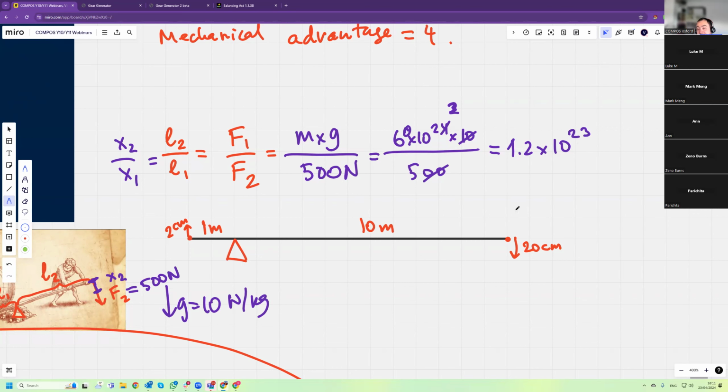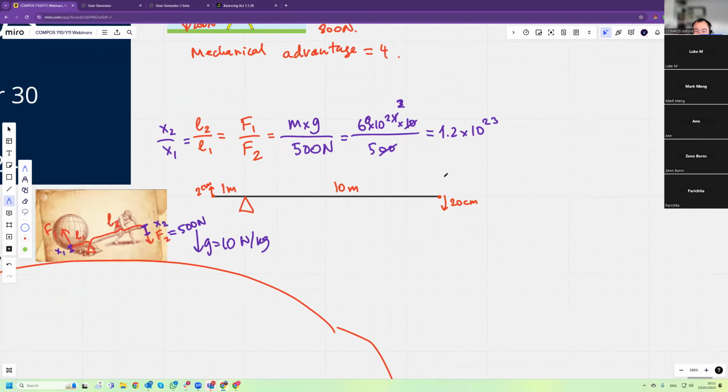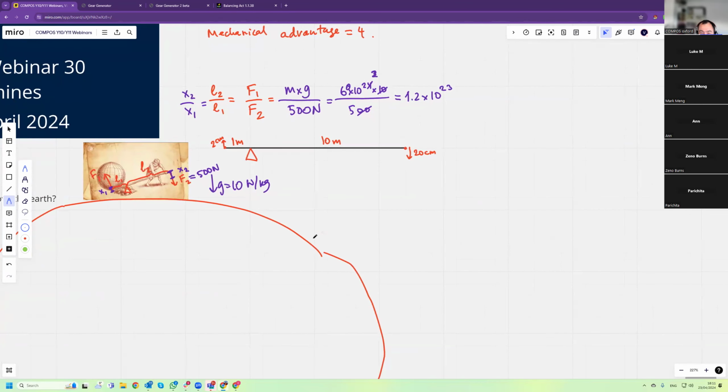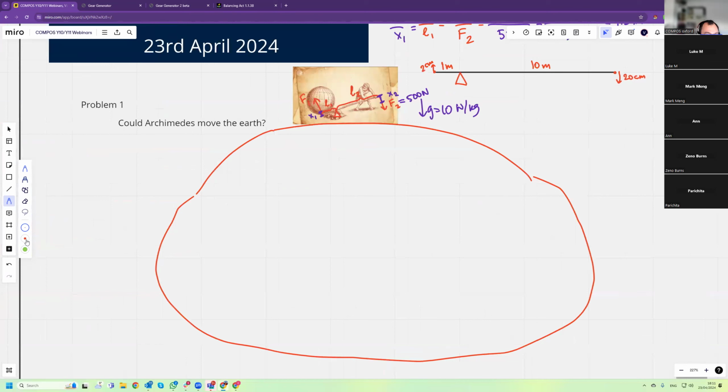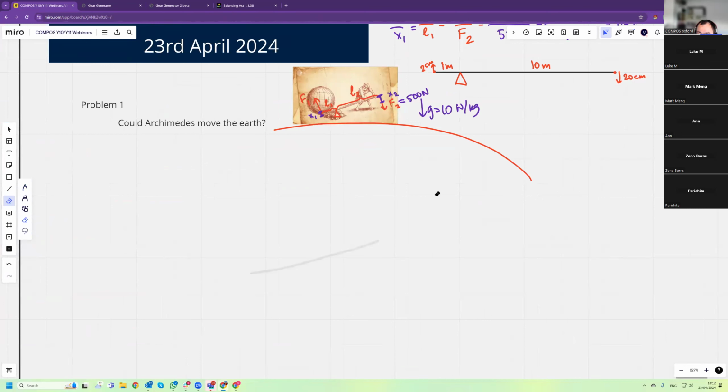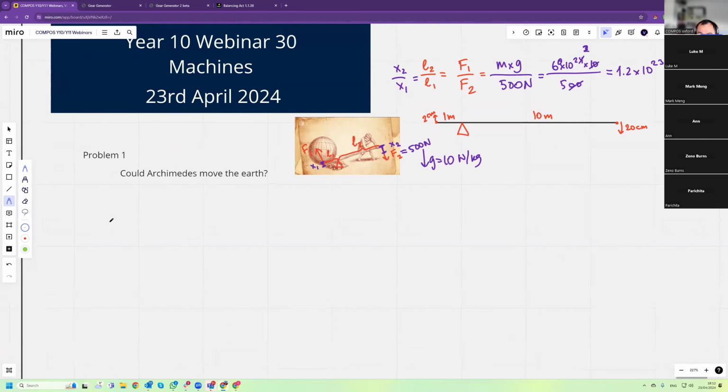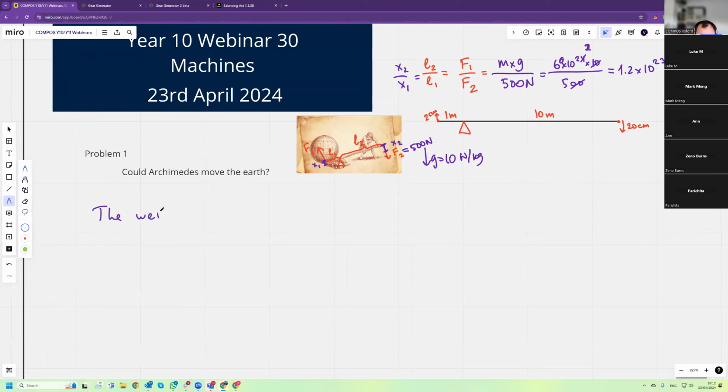That is the ratio. Now, let's write it down. The weight of Earth is 1.2 times 10 to the 23 times greater than the force of a human.